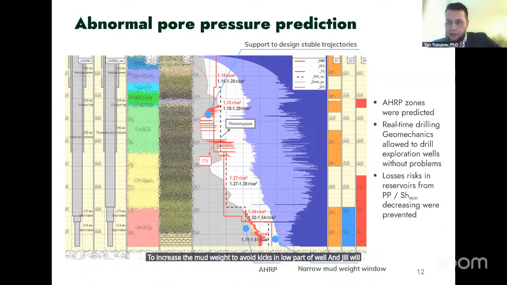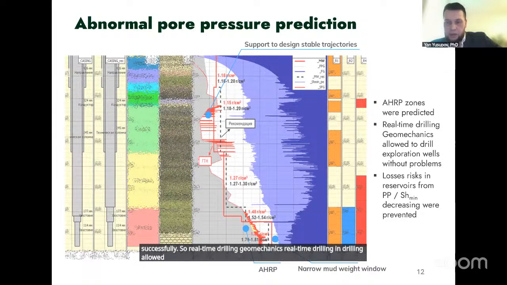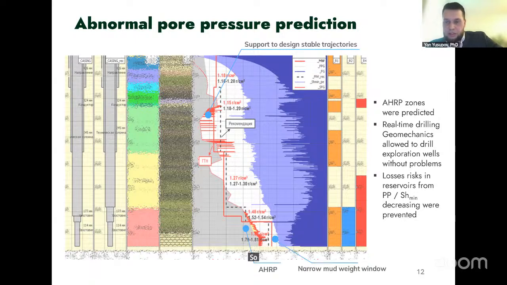So real-time geomechanics in drilling allowed us to drill an exploration well without any problem using pore pressure prediction. So losses risk in reservoirs from PP and SH-min decreasing were prevented too.